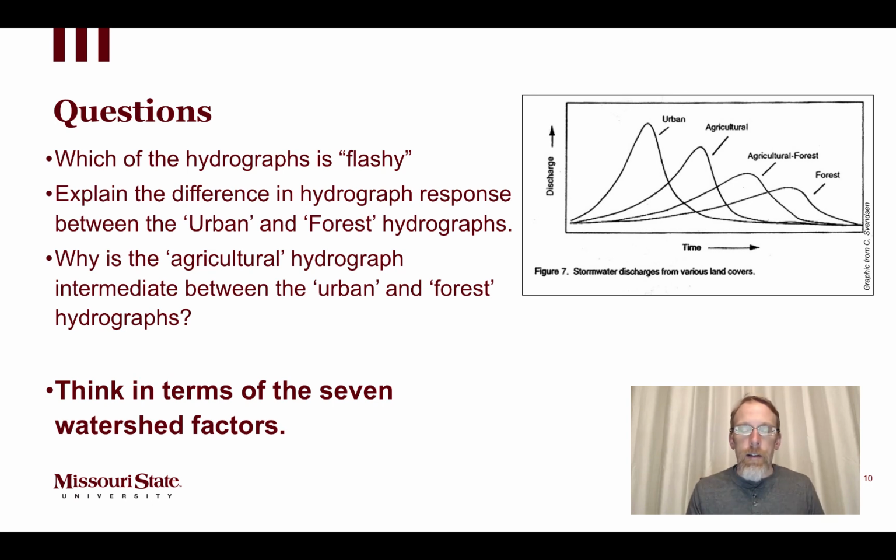Now, not all 7 watershed factors come into play here, but if you go back and re-listen to my explanations, you'll see I talked about soil, I talked about land use, talked about maybe climate a little bit in terms of how hard and how fast the rain comes. That can vary with changes in climate and so forth. So think about answering these questions in terms of the 7 watershed factors. That's the way I'm going to phrase those questions on quizzes or exams.